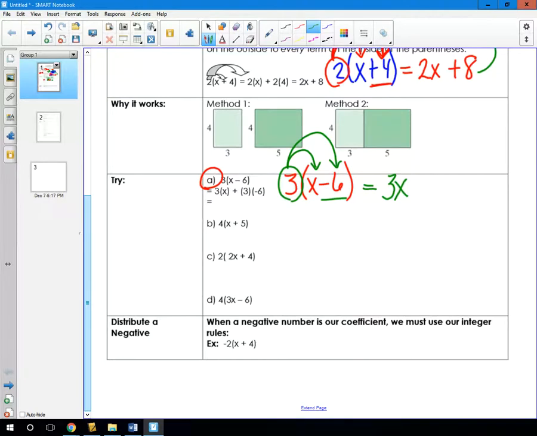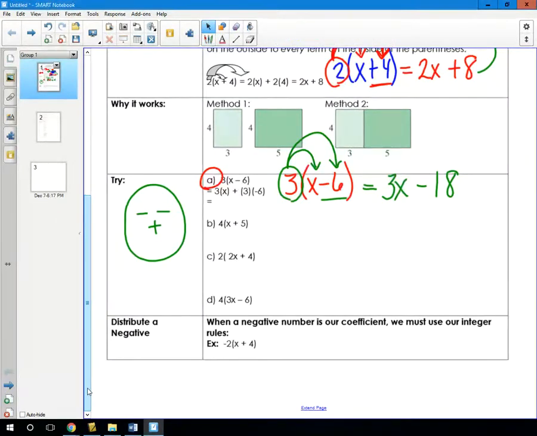So 3 times negative 6, so have no fear, integer man is here. If we multiply positive 3 times negative 6, I get negative 18. So how can I show negative 18 in this expression? I can simply write minus 18. So my simplified form of 3 times x minus 6 is 3x minus 18.